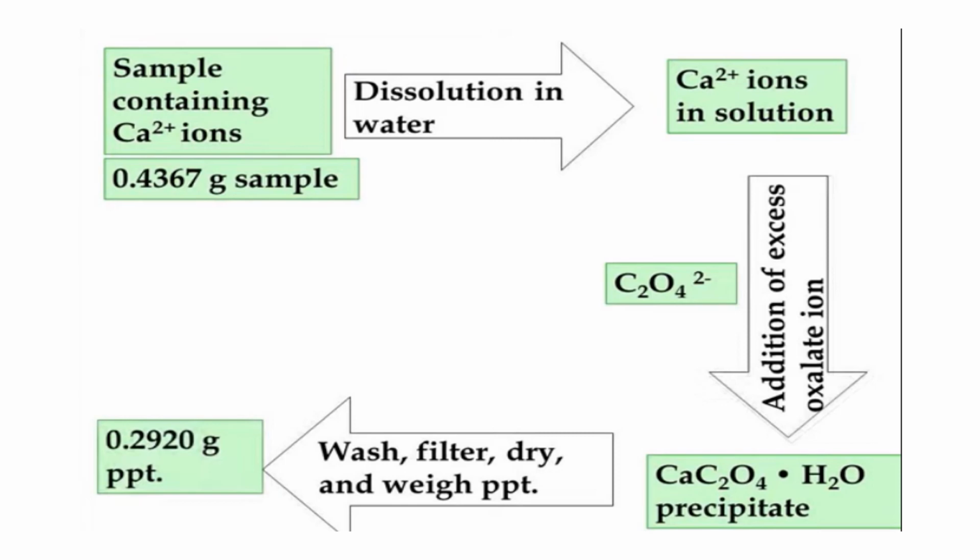So, one example was about the analysis of calcium ion. It says 0.4367 grams of sample was dissolved in water, and then the calcium ion was separated from the rest of the sample because this sample here contains calcium together with other materials.